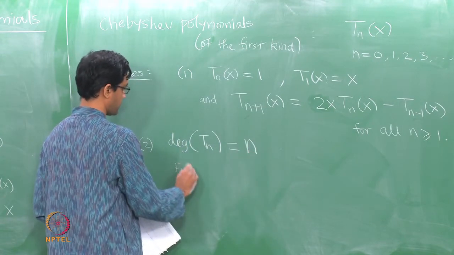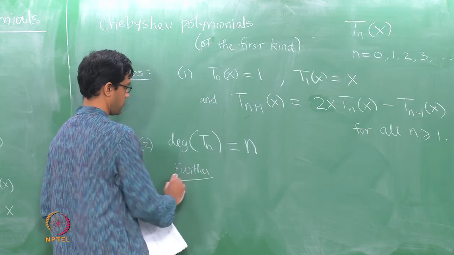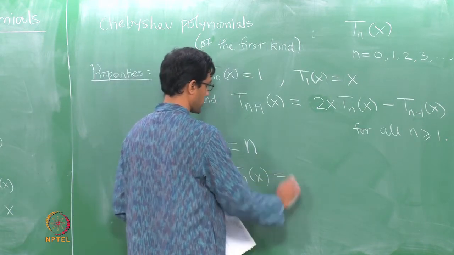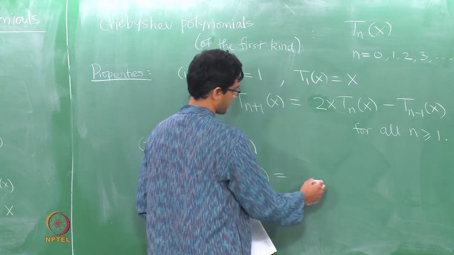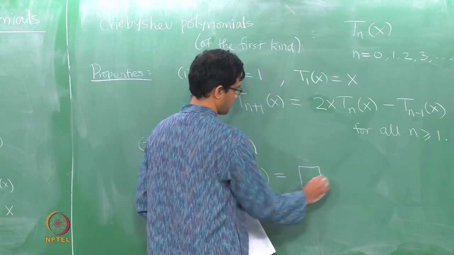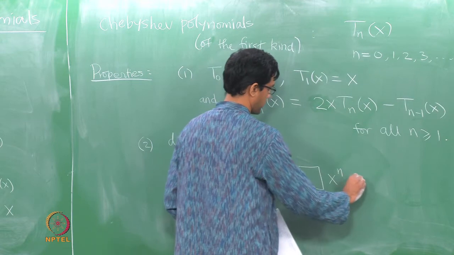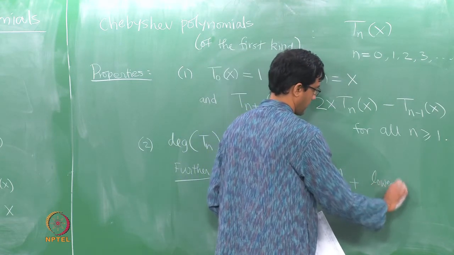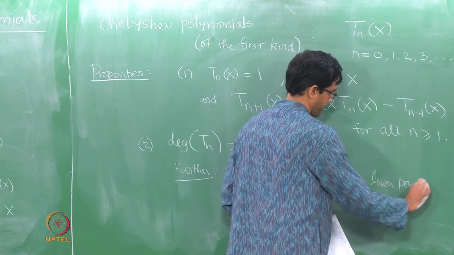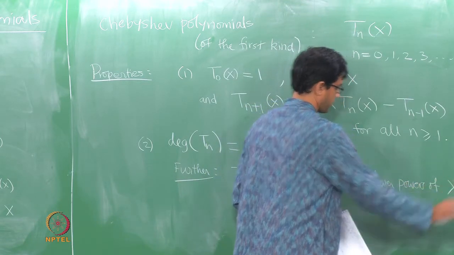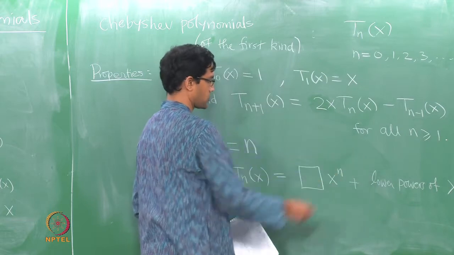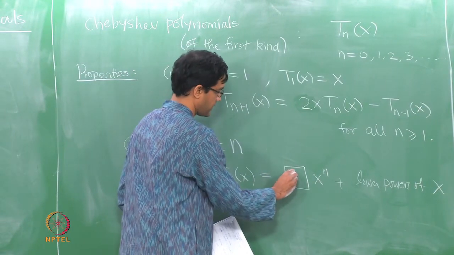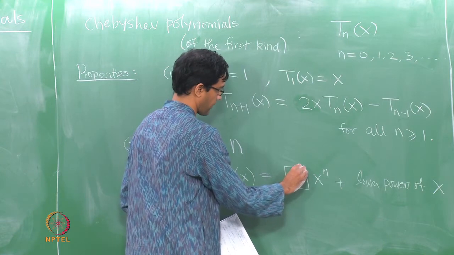In fact, further, if you look at the table again, you will notice that Tn of x is some multiple of x power n plus lower powers of x, but this leading coefficient, the coefficient of x power n, is in fact a power of 2.